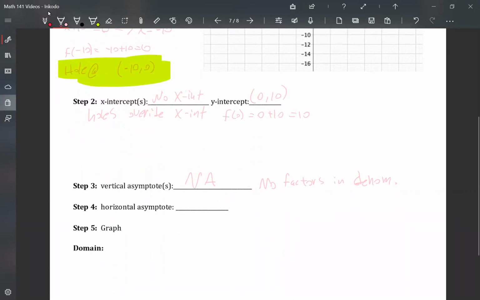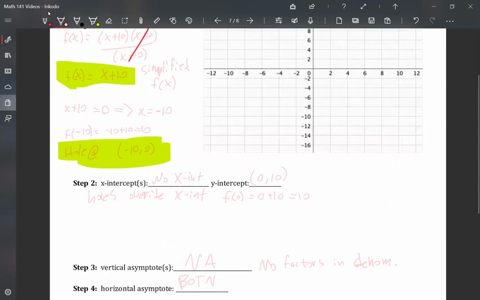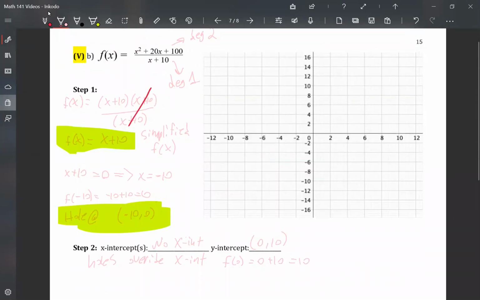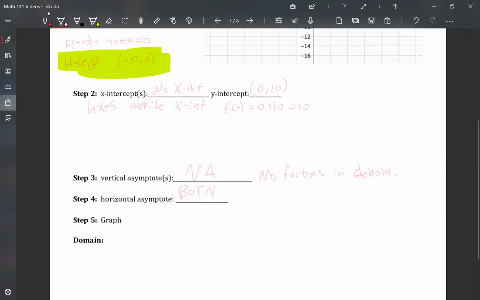Well, we can use the acronym BOTN, and that is bigger on top, none. What that tells us is if the original function has a degree on the top bigger than the bottom, we are not going to have a horizontal asymptote. So we can say also not any. So we have no asymptotes for this situation.